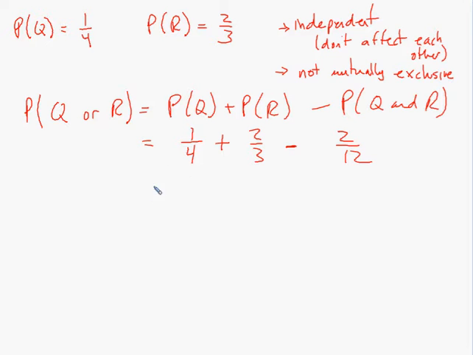My common denominator is 12. I could have reduced that, but that would have been wasting some time because my common denominator is 12. Now, I can't cross-cancel or anything because this is addition, subtraction. You can't do that. So we do this, and we get 9/12, which then reduces to 3/4.